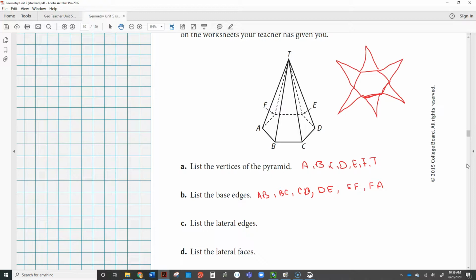There should be 6. 1, 2, 3, 4, 5, 6. List the lateral edges. So the lateral edges are going to be the ones that go up to the vertex. So we have AT, BT, CT, DT, ET, and FT.